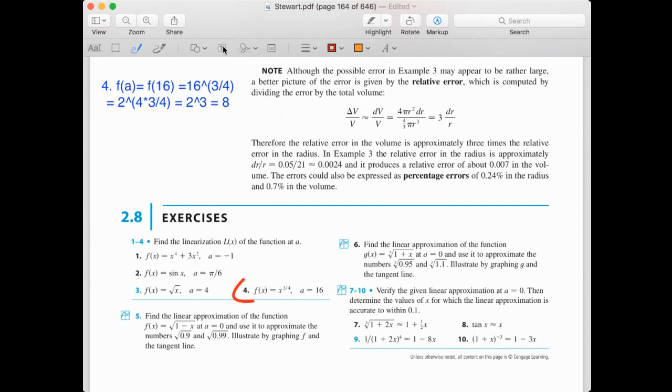First we find the function value at a, then we need to find f prime of x. Our goal is to find f prime of a, but let's find the derivative of the function first. So it's 3 over 4 x raised to 3 over 4 minus 1, which is negative 1 over 4.